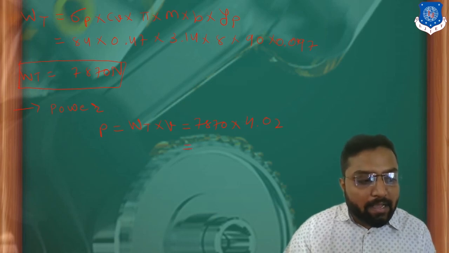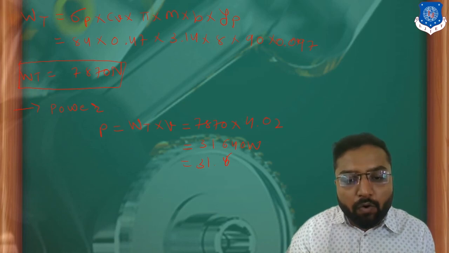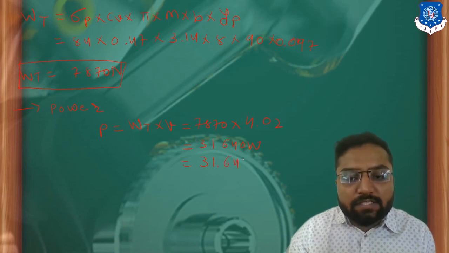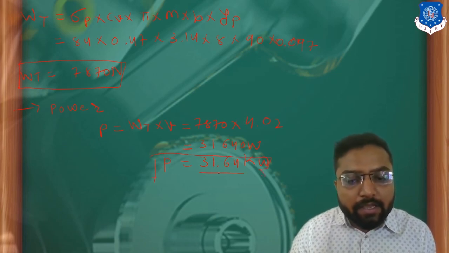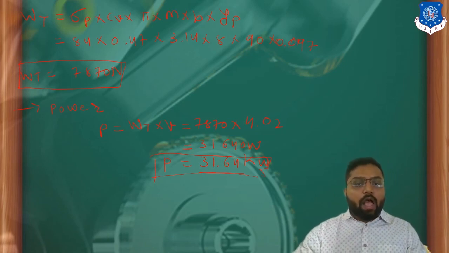So ultimately our power will be 31,640 watt, which is nothing but 31.64 kilowatt. So the power this gear can transmit is 31.64 kilowatt. I hope you got each and every aspect of this case study.